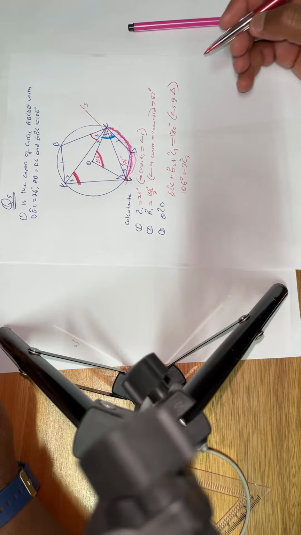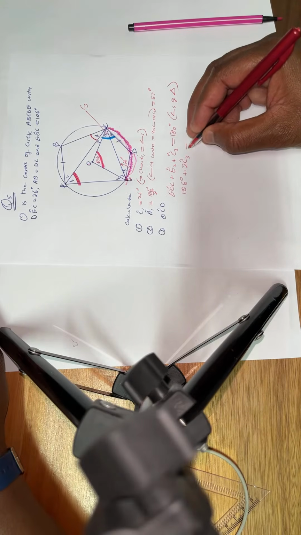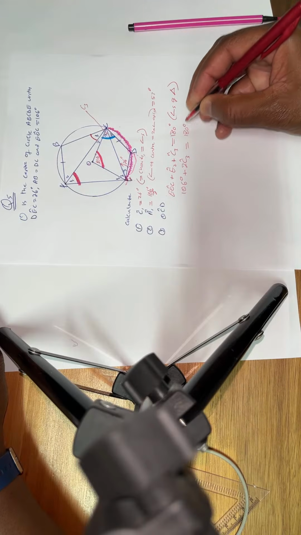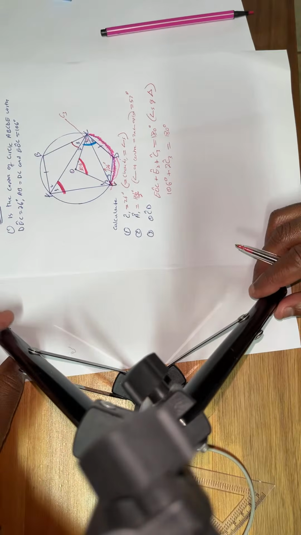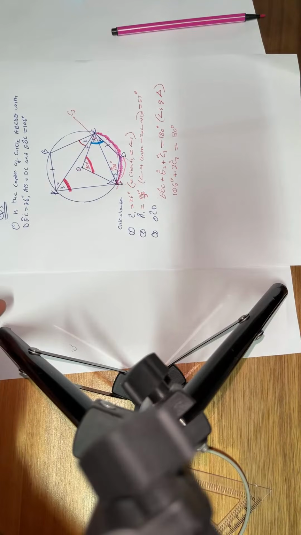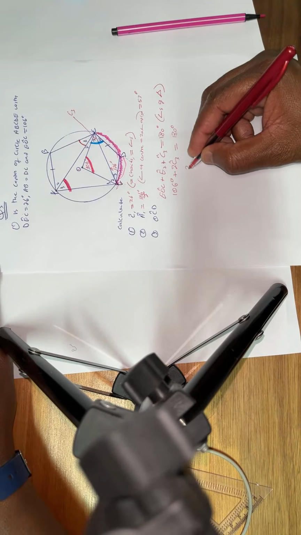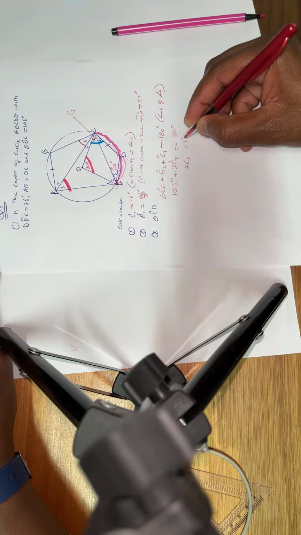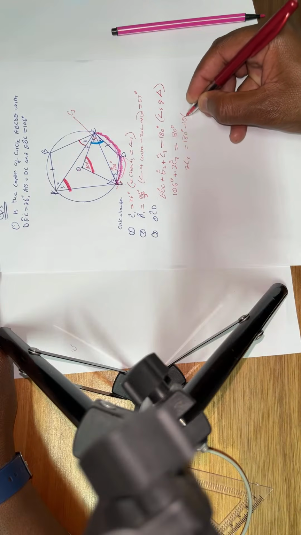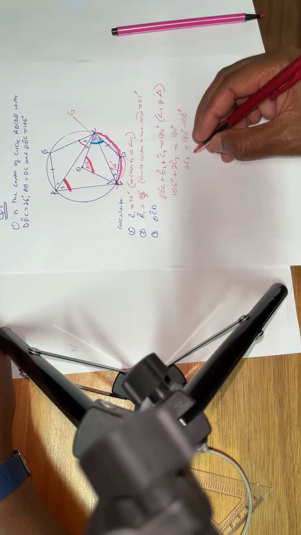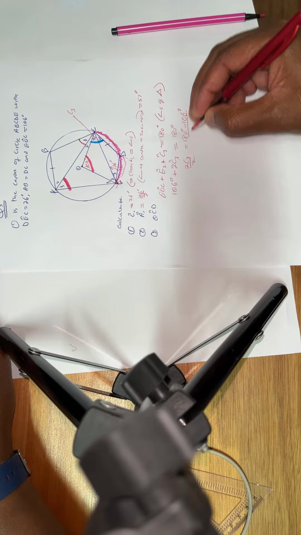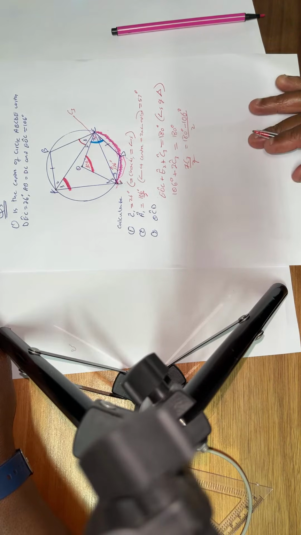And then we say this is 180 degrees. From this part now we can say 2C3 is equal to 180 degrees minus 106 degrees. And then you need to divide by 2 both sides, right?